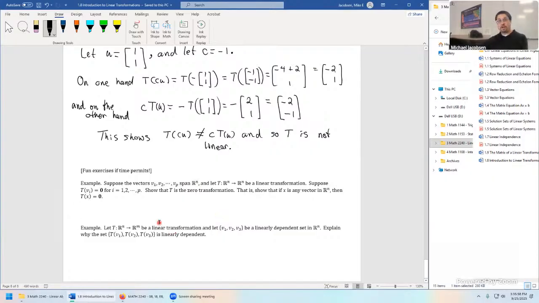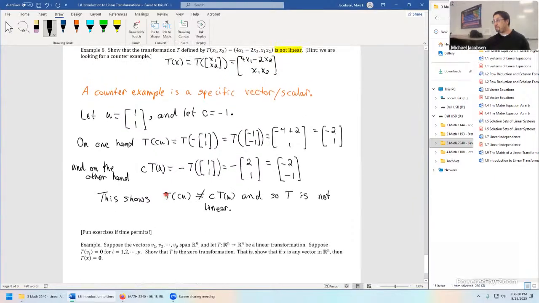An even more interesting property is T being a linear transformation actually preserves a lot of stuff. If you have a linearly dependent set in Rn, it will map to a linearly dependent set in Rm. So it preserves linear dependence. Well, does not preserve linear independence. That's a little bit weird.